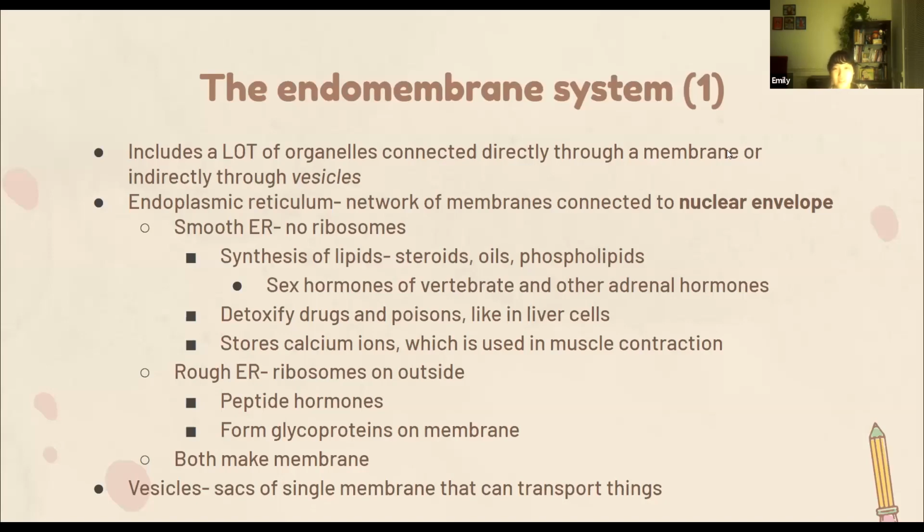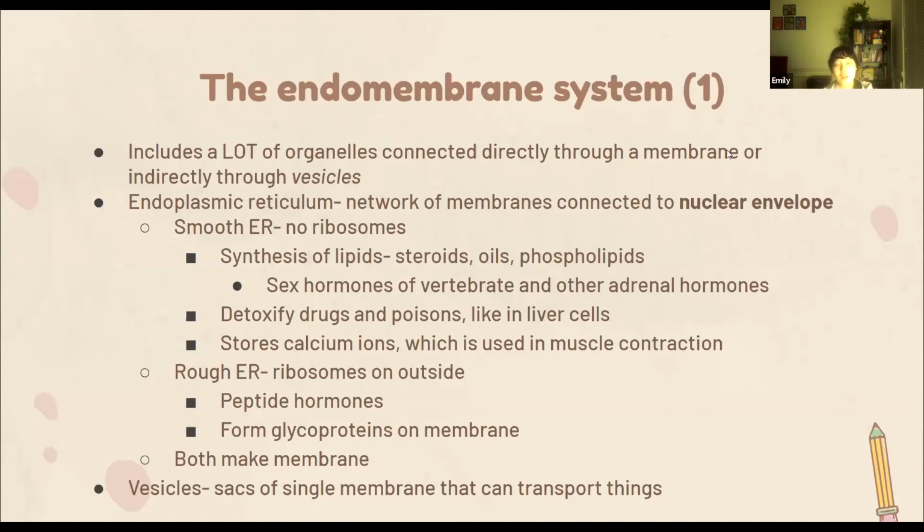The first main part of the endomembrane system, connected to the nucleus, specifically the nuclear envelope, is called the endoplasmic reticulum. It's a really interwoven network of membranes. We'll see a visualization on the next slide.